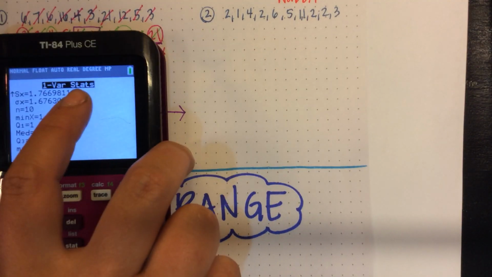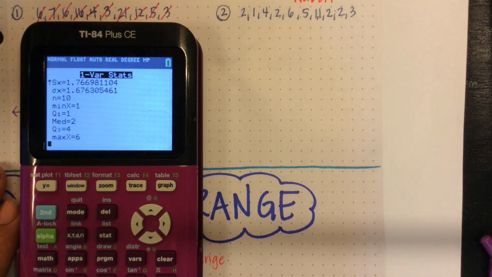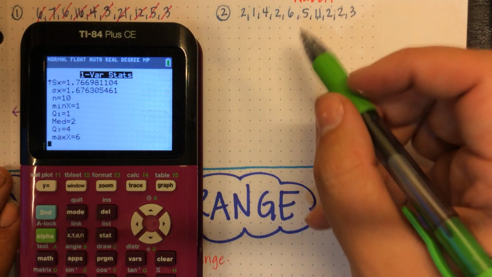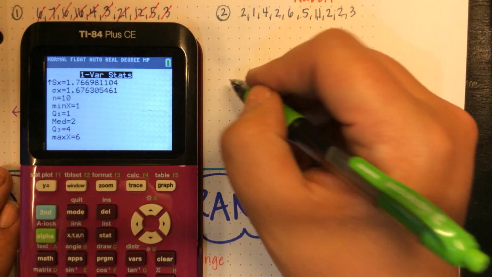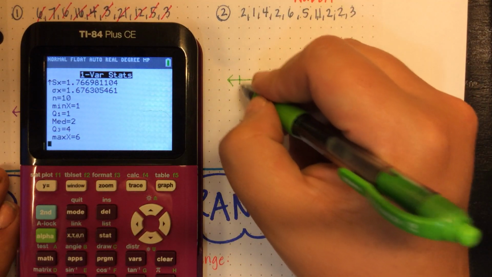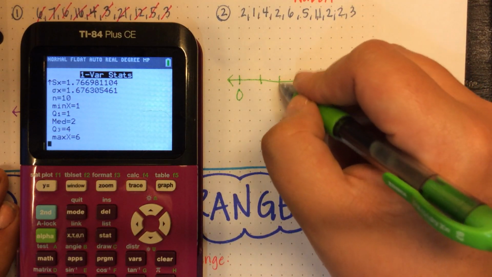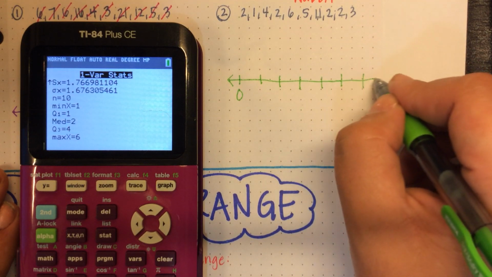Okay, so I'm going to come over here. All right, and it looks like I'm going from 1 to 6. So I'm going to space these out really good. So I'm going to say this one's 0, and we got 1, 2, 3, 4, 5, 6.